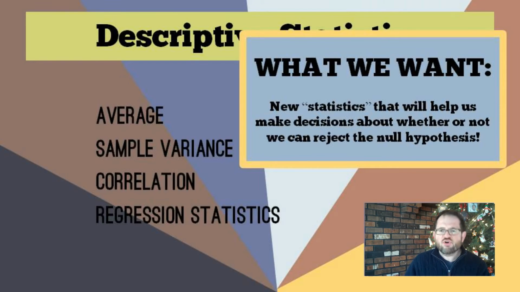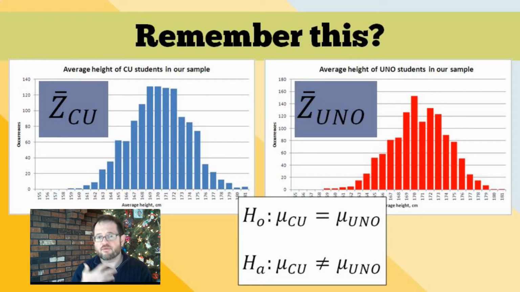Now let's go back to our example, our thought experiment, if you will, that we have been doing throughout this module. This was the idea about whether we could determine if there was a difference between the mean height of a Creighton student and the mean height of a student at UNO. And remember, we wrote two hypotheses associated with that idea. We had our null hypothesis, H naught.